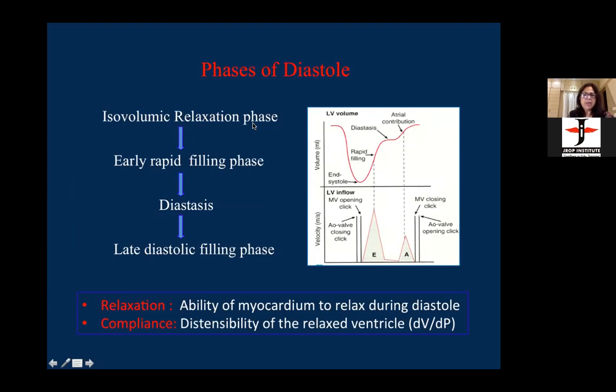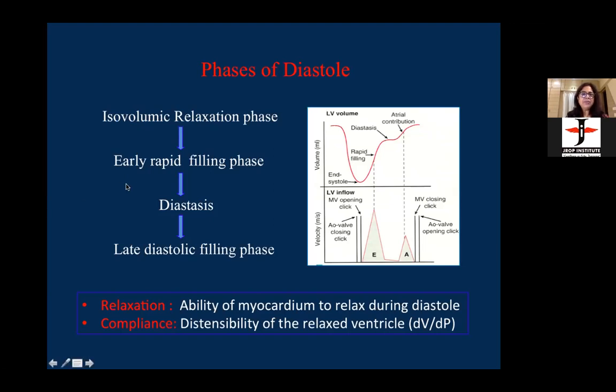In the myocardium, there is active relaxation because of removal of calcium ion from the troponin C. As a result of myocardial relaxation, LV pressure falls. Now, a time comes when the LV pressure goes below the left atrial pressure. So that is the moment when the mitral valve opens.